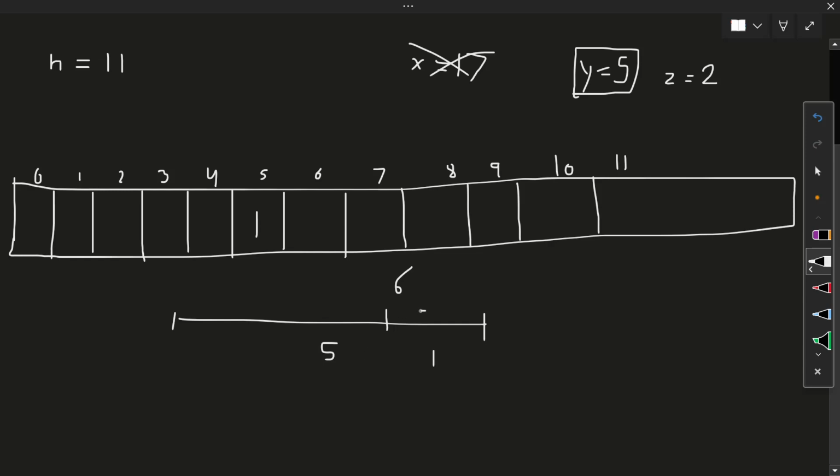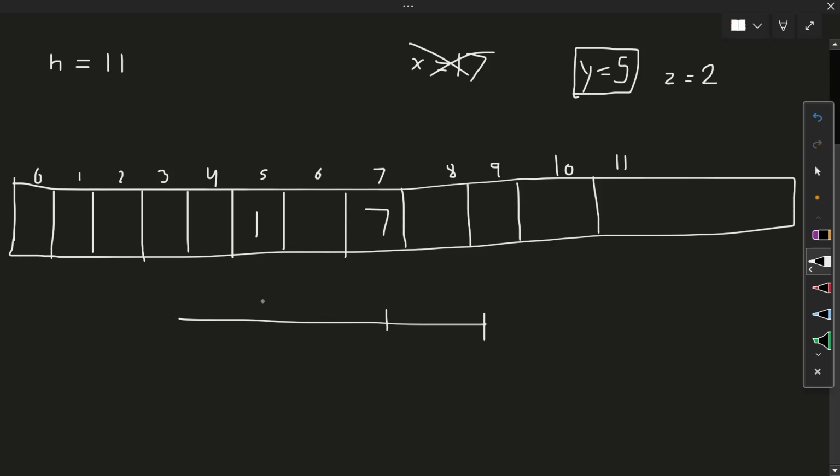Why? Because we don't know whether we can divide the remaining. So i is 6. If we make a cut at 5, the remaining length is 1. For 1 you can see the answer is 0. So the remaining length is not possible. So we cannot make a cut on 6.